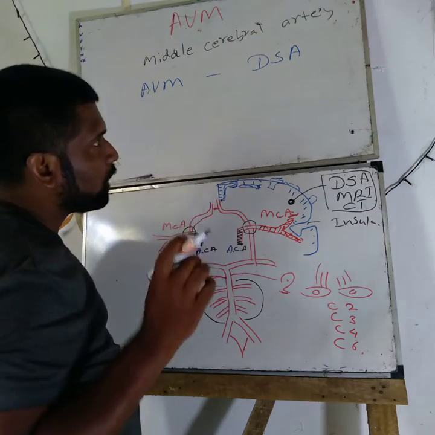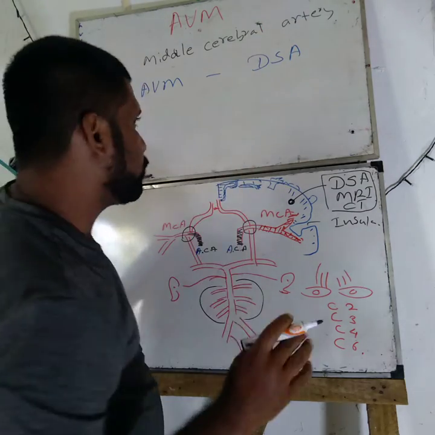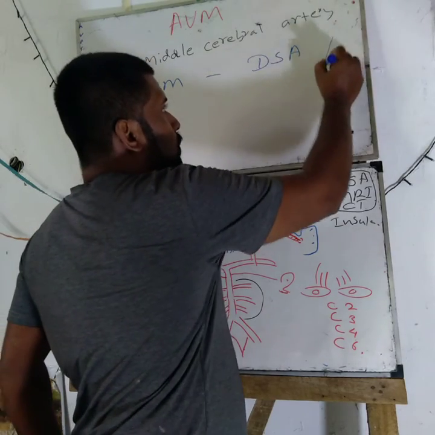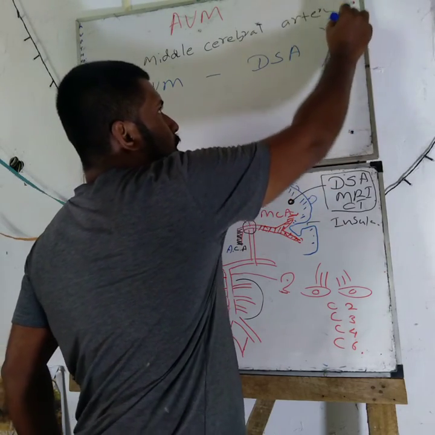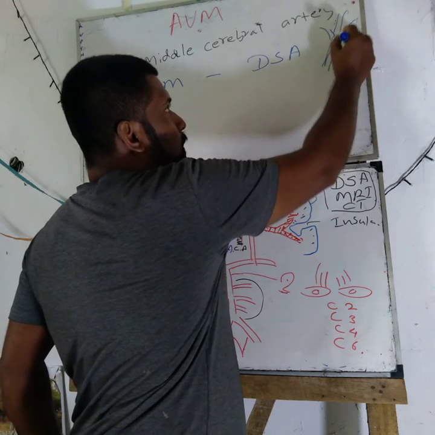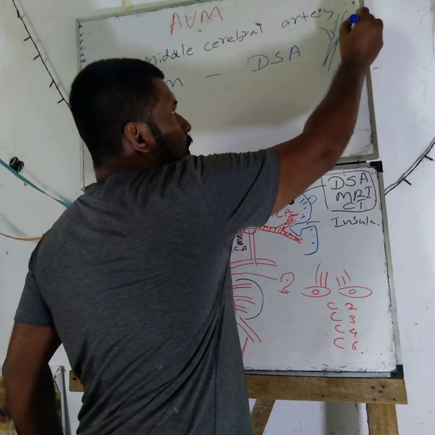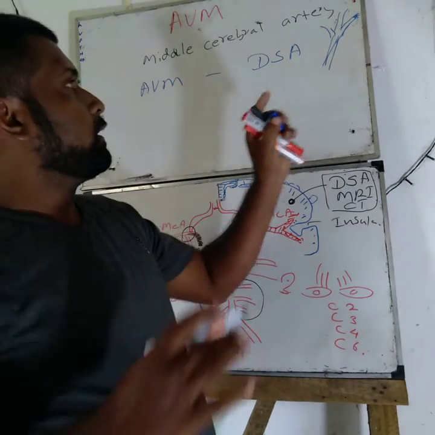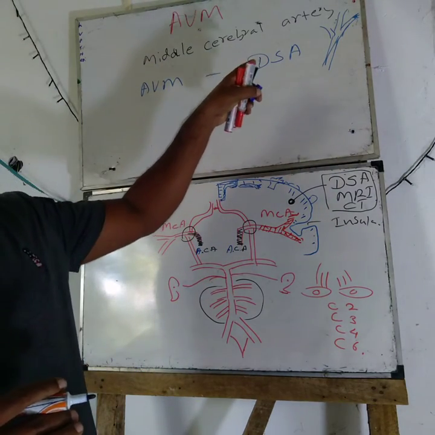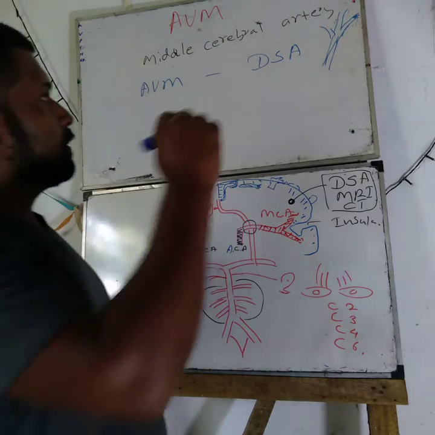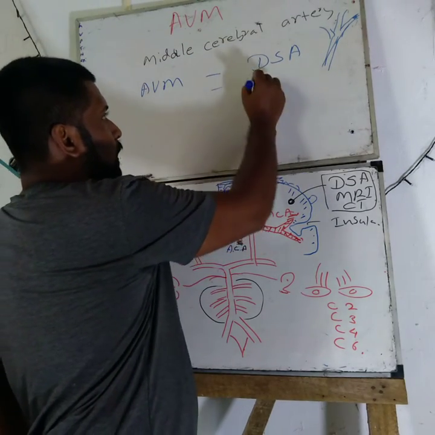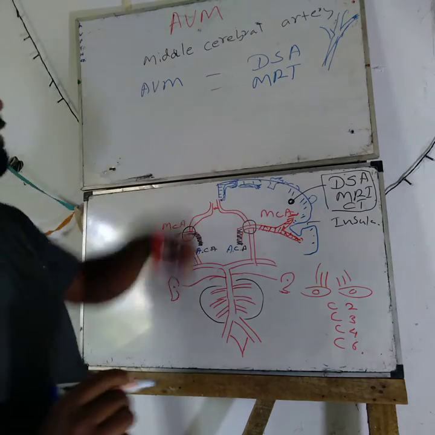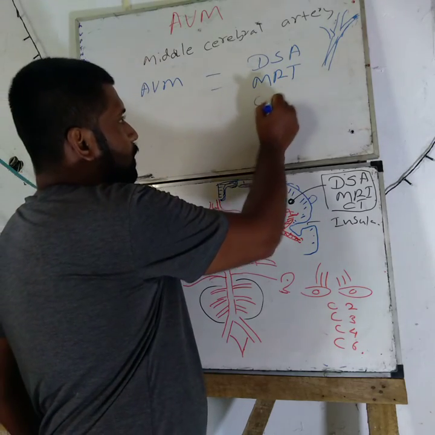Some form of color is applied to the arterial supply, and the color goes into the artery. Where it is blocked, the color does not go to the distal part, and with the DSA check we can identify that point. MRI is also a scanning method that can identify that point, and so is CT scan.